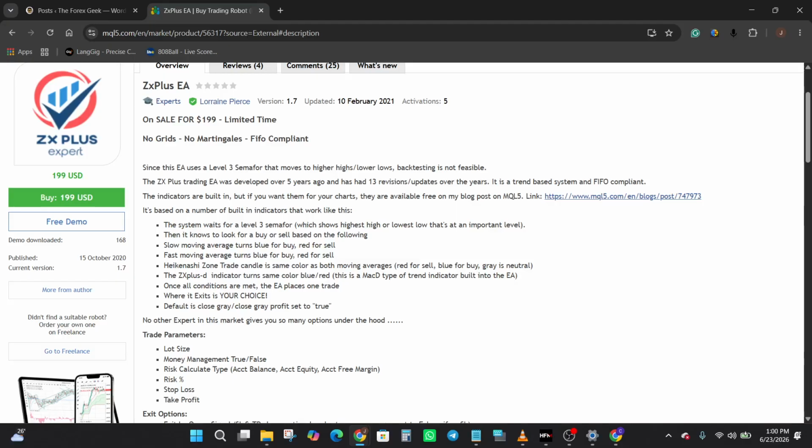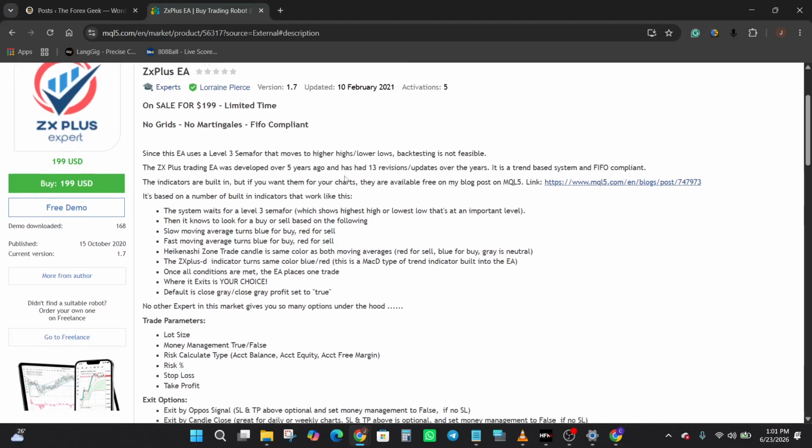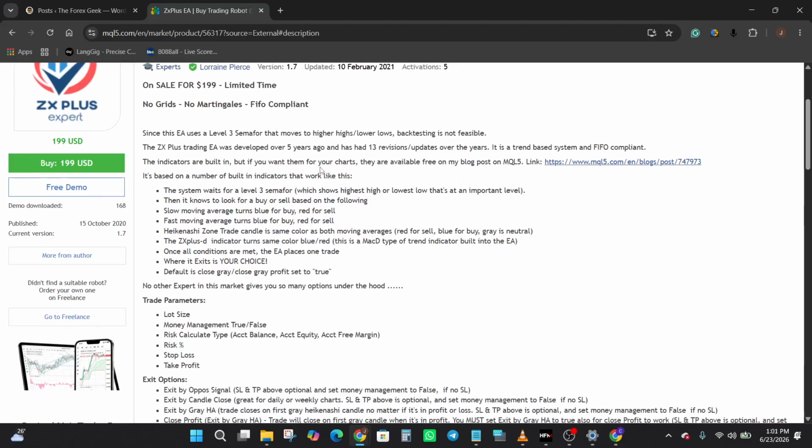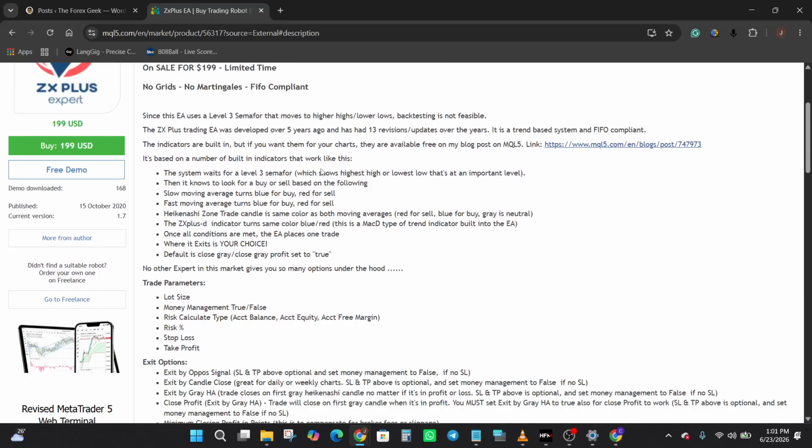Looking further into the strategy description, the developer explains how trade opportunities are identified. The EA first waits for a level 3 Cephomore signal indicating an important high or low level. After that, multiple confirmation conditions must align before a trade is opened. The slow moving average must indicate the same direction.